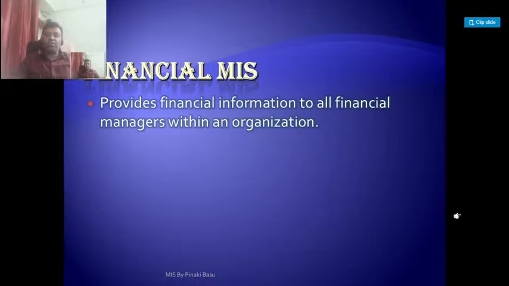utility of MIS in the financial department, in financial accountancy. Okay. So financial MIS provides financial information to all financial managers within an organization. Whatever information is required for financial managers, they will get from MIS. So what kind of information is required? We have seen financial management as a subject.